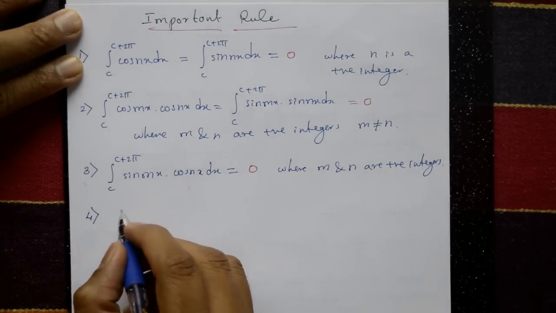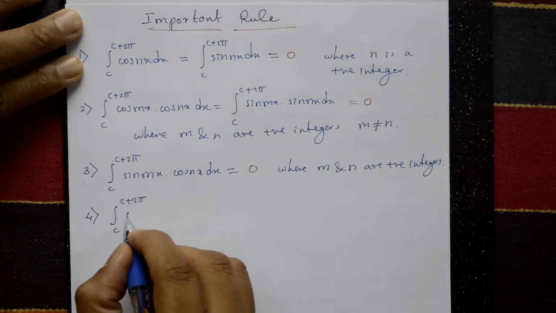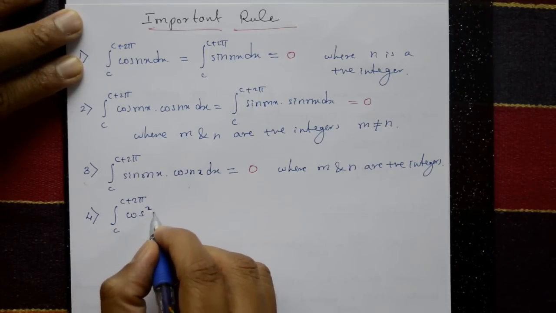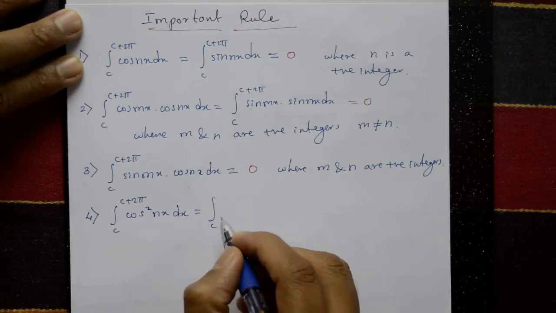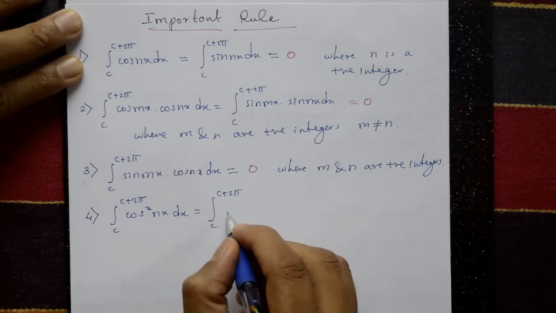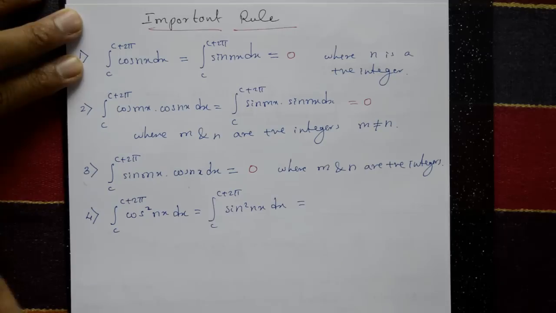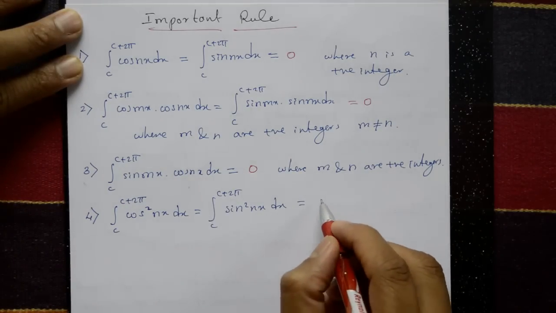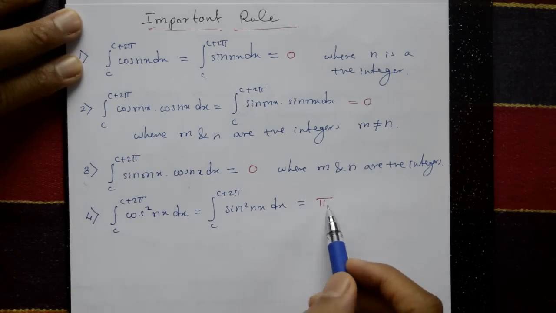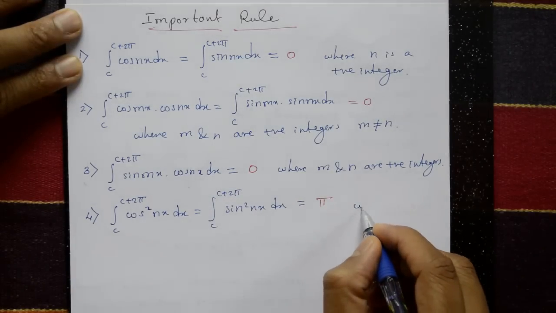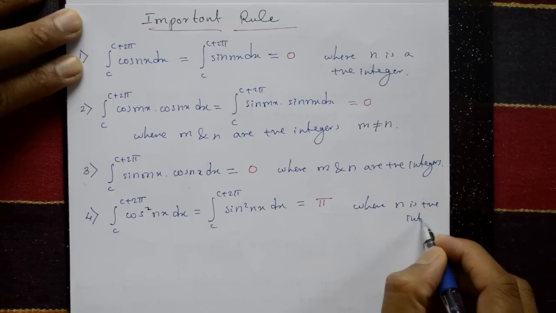The fourth one, integration from c to c plus 2 pi of cos square nx with respect to x, and integration from c to c plus 2 pi of sin square nx with respect to x, both values are the same, the value is pi, where n is a positive integer.